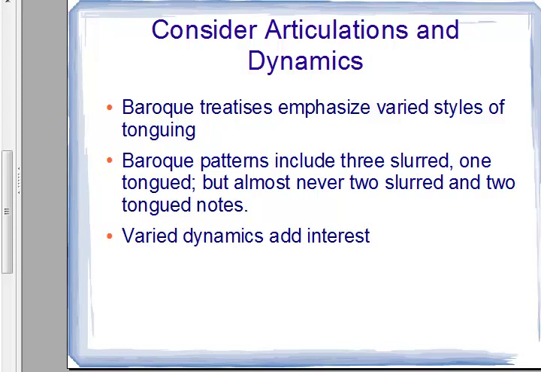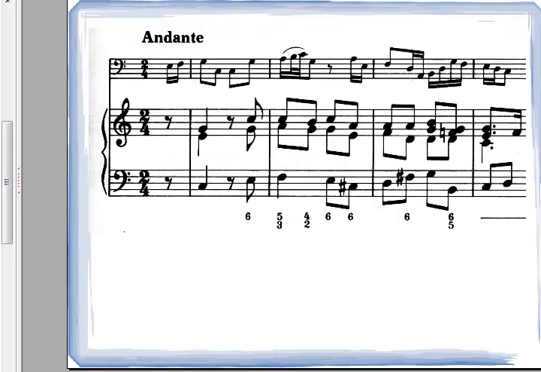Now, let's consider some music here as we apply our ornaments. Here is the opening of the Andante movement of the Telemann Sonata in A minor for bassoon.